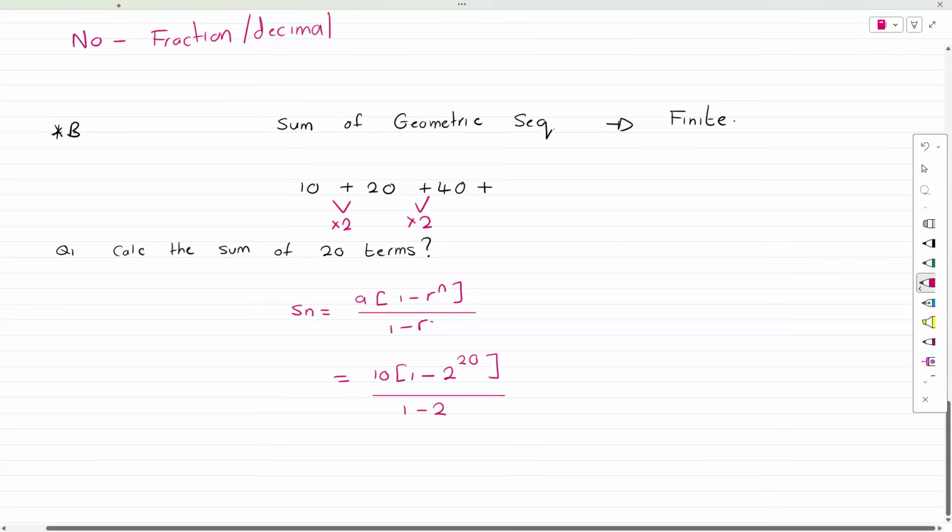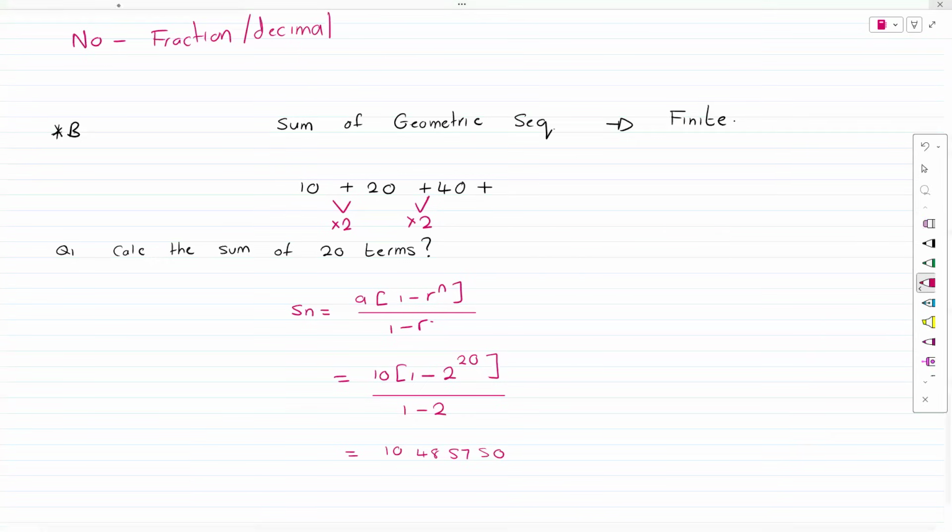Okay, guys, it is a very unrealistic number, right? I mean, it's a number, but I picked a very weird number: 10,485,750.